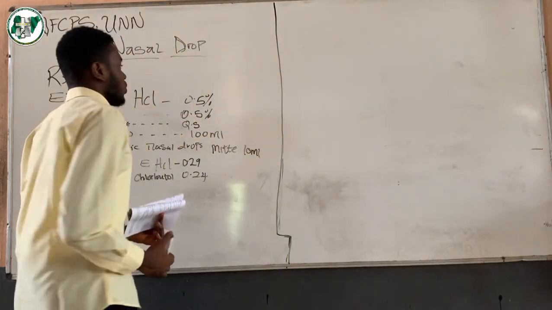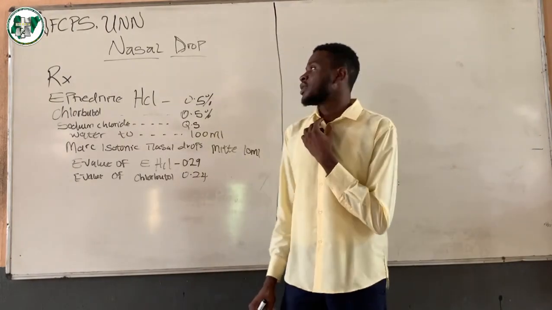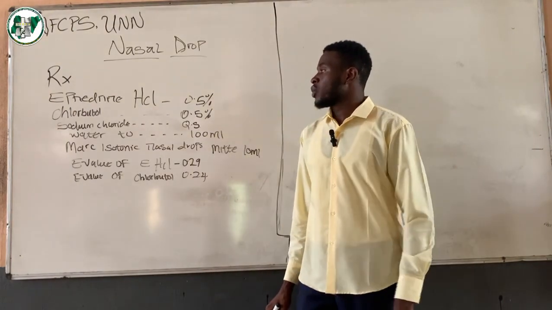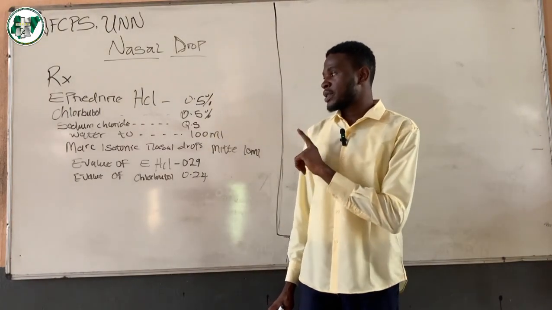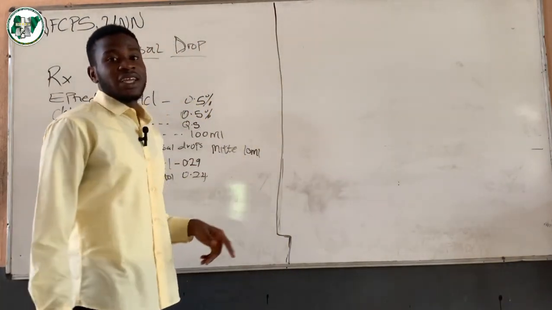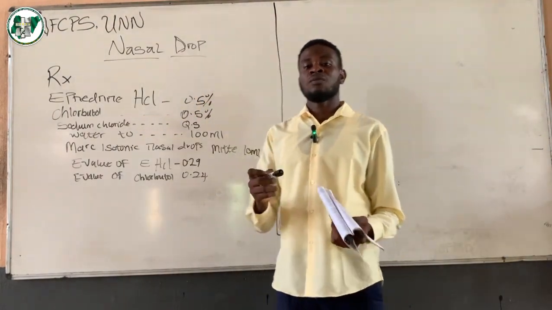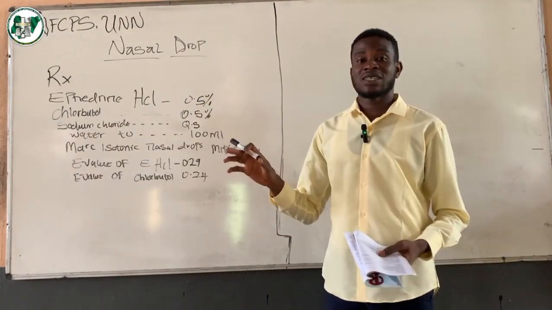This is where we are solving our real first practical dispensing question here. It says ephedrine hydrochloride 0.5%, chlorbutol 0.5%, sodium chloride, quantity sufficient. Now this quantity sufficient tells us that we need to calculate the amount of sodium chloride we use for this particular preparation.